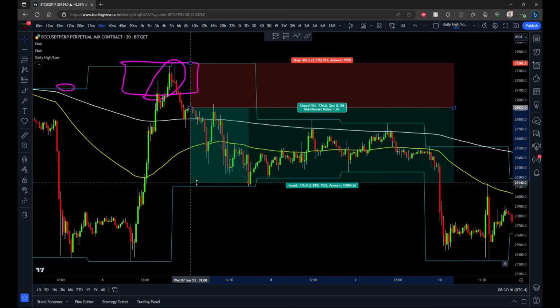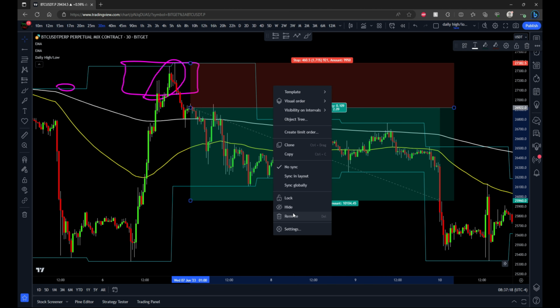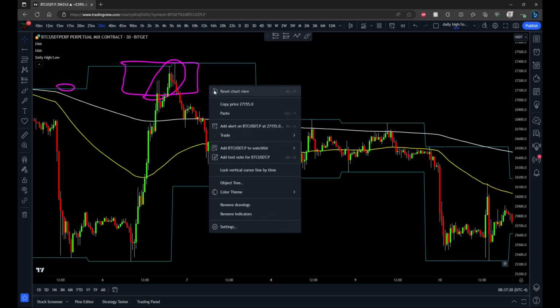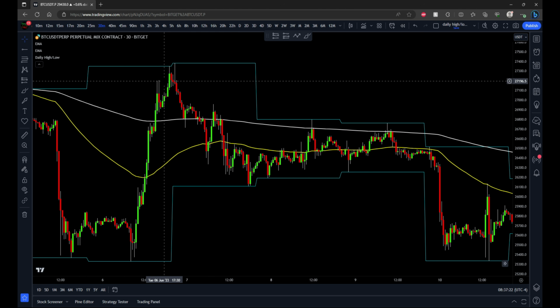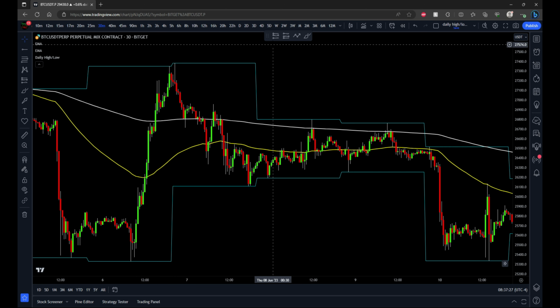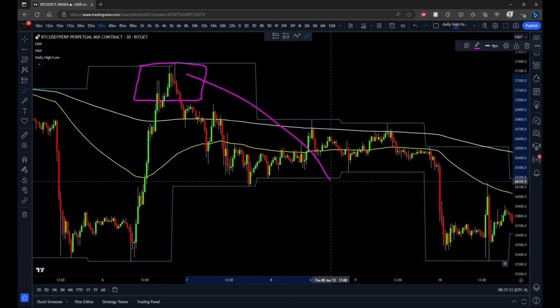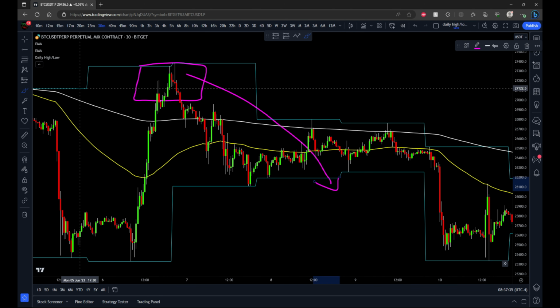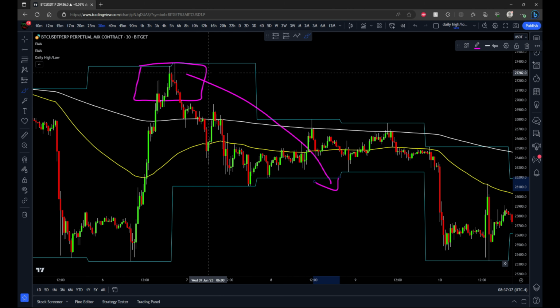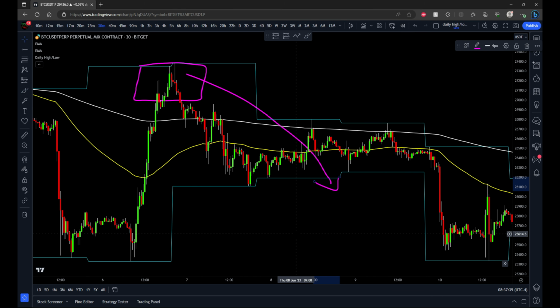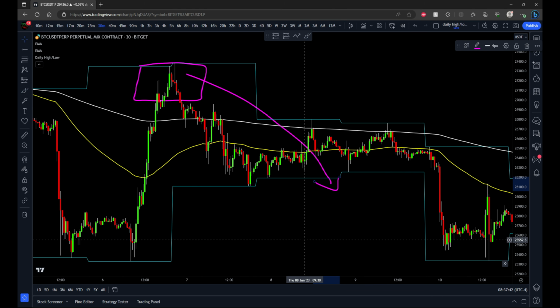So that's the idea here with a short setup, looking for an easily exploitable 1 to 2 risk to reward ratio, and I'm considering it a winner if it's a clear, easy win with at least a 1 to 2 risk to reward ratio after sweeping the highs. It's a fake out, and we see continuation to the downside after sweeping previous day highs.